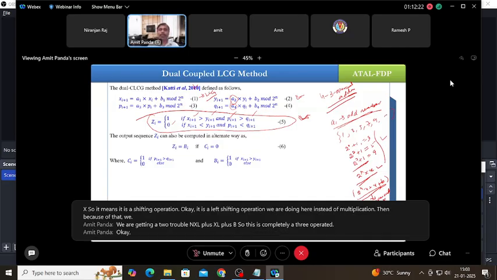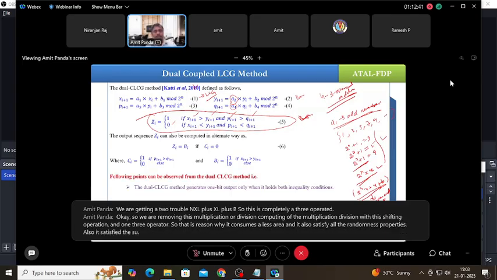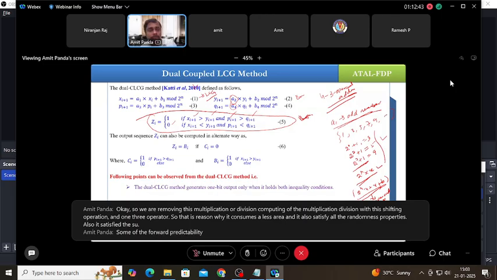So we are replacing the multiplication or division with a shifting operation and one three-operand adder. That is the reason why it consumes less area, and it also satisfies all the randomness properties. It also satisfies some of the forward predictability and backward predictability properties.